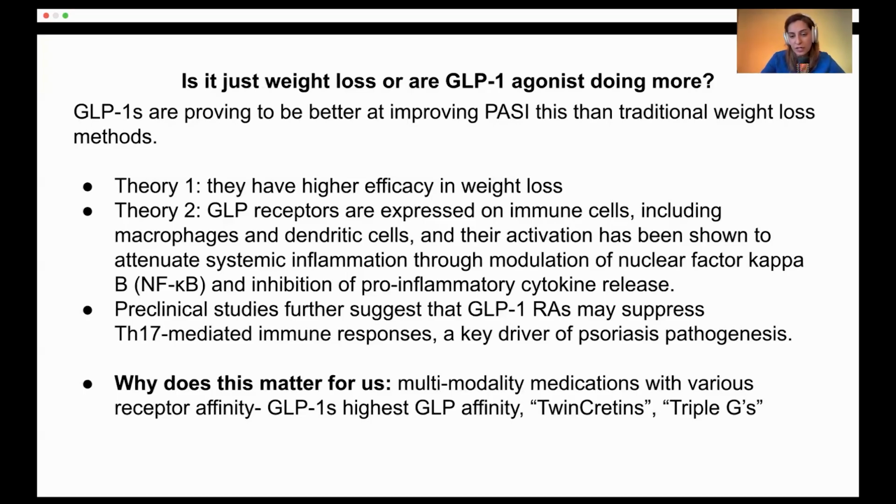So it's important over time for us to start understanding, is it just the weight loss? And so whatever is going to get you to lose weight the fastest is going to be the best? Or are we going to have to, for our specific dermatology medications, really either do a GLP or GLP and GIP, or maybe we'll find effects on glucagon are better. So these are things we're going to find over time.